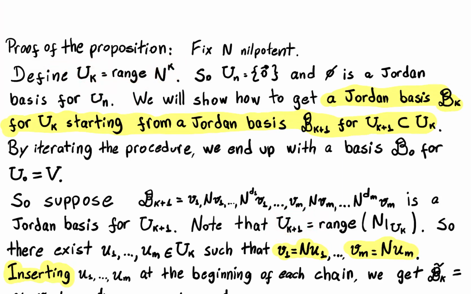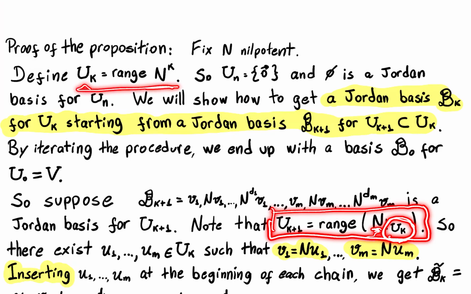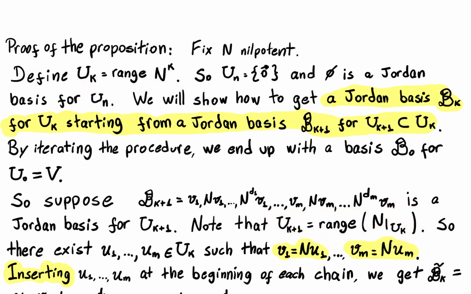If it's not clear, stop now and think about it. U_{k+1} is nothing but the range of the operator n if we take the restriction of the operator n to the subspace U_k, where U_k is the range of n^k.